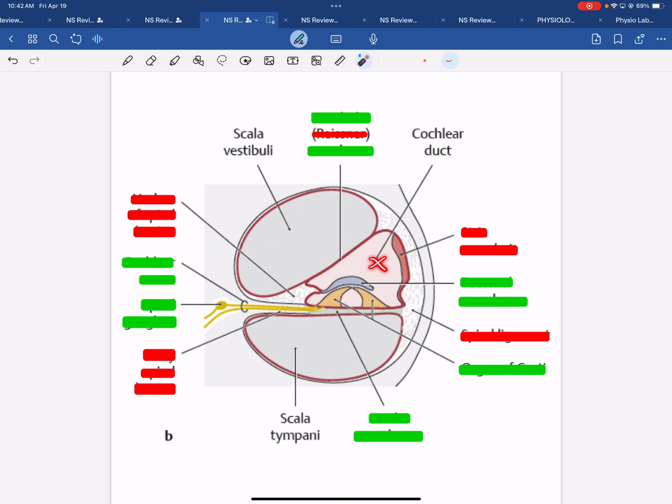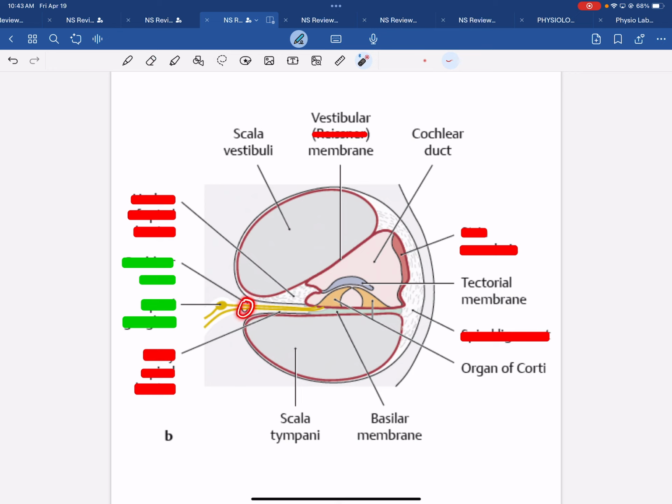What kind of fluid is in here? Endolymph. Good. What is this? The vestibular membrane. What is this? The basilar membrane. What is this? The tectorial membrane. What is this representing? Good, the spiral organ, or the organ of Corti.